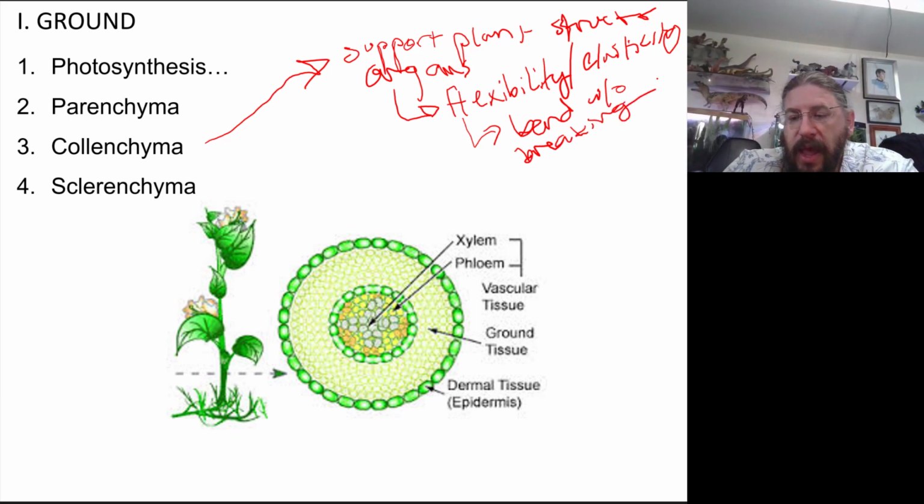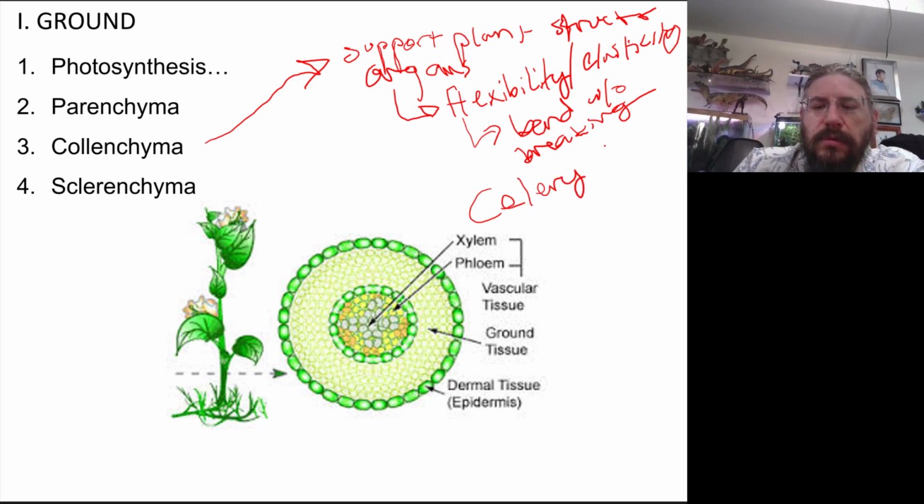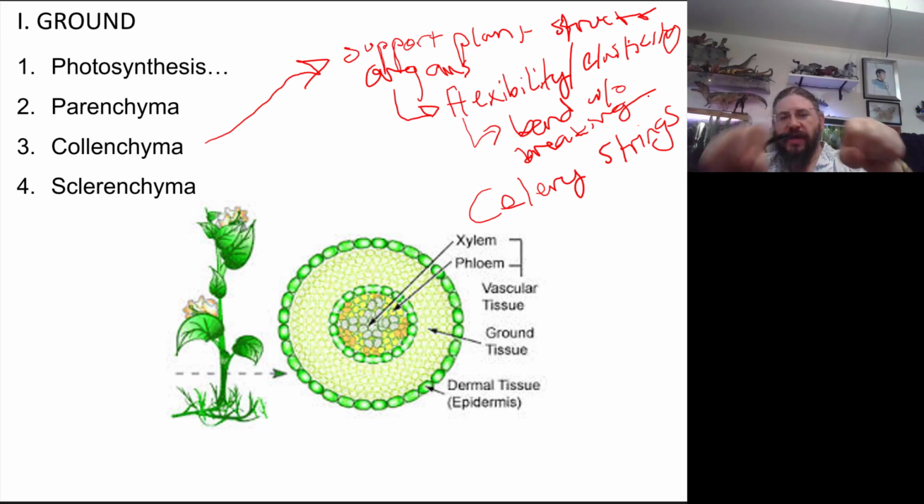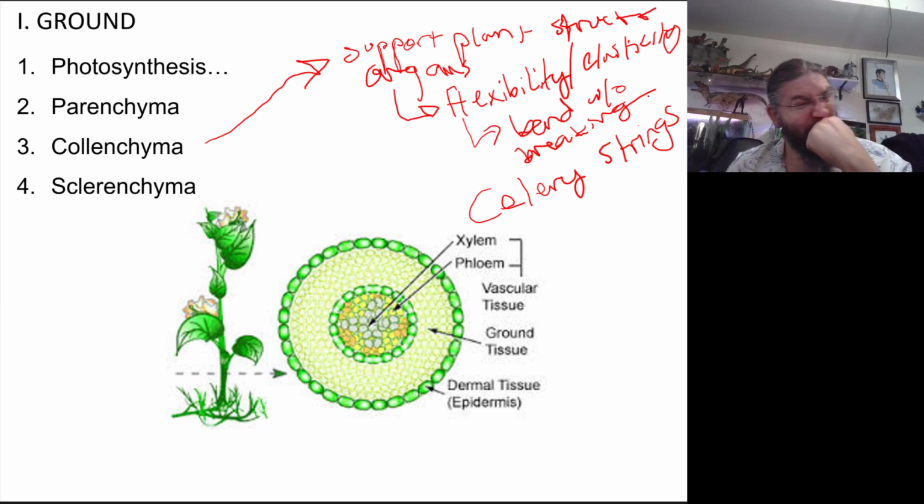So that's pretty cool. If you want a good example of collenchyma, these cells can be found in celery, specifically celery strings. When you grab a piece of celery, that give to it is thanks to the collenchyma. So celery strings are an example of collenchymal tissue.